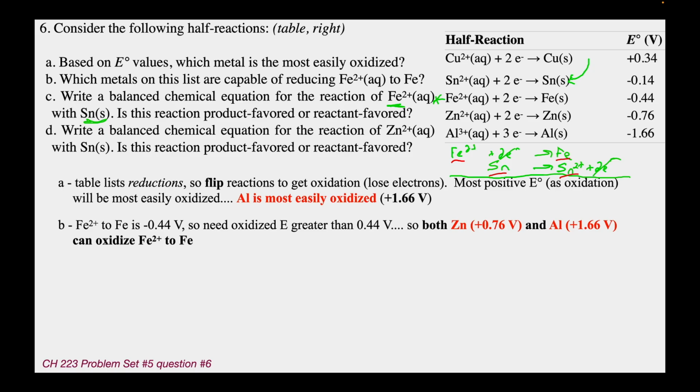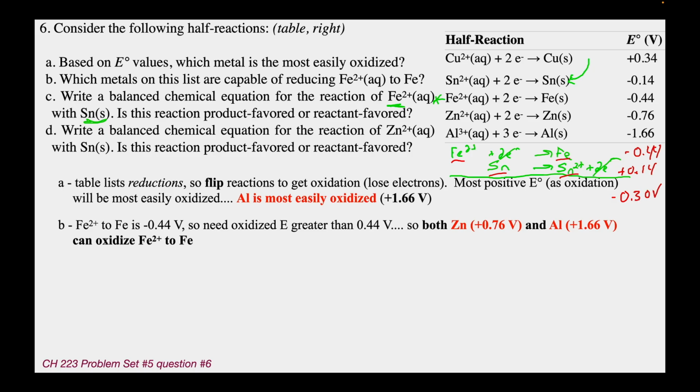Now, when it says product favored, reactant favored, we need to go back to those E naught values. So the iron 2 plus going to iron, minus 0.44 volts. And we flip the tin reaction around, so minus 0.14 volts will become positive 0.14 volts. So if you combine these together, you're going to get minus 0.30 volts.